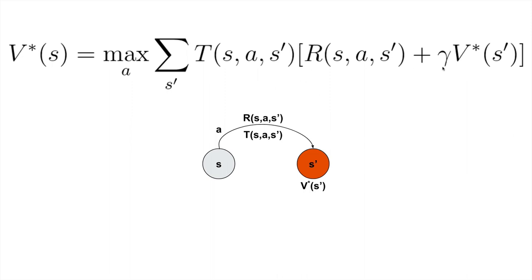In the brackets, we are in a particular state S, we took an action A, we went to another state S prime, and the quantity in the brackets tells us the current reward for taking that transition, as in being in a state S, taking an action A and going to state S prime, plus the discounted future reward, because remember, V star of S prime is the expected value of starting at state S prime and acting optimally. So this is recursively defined. That's all the thing in the brackets is telling us.